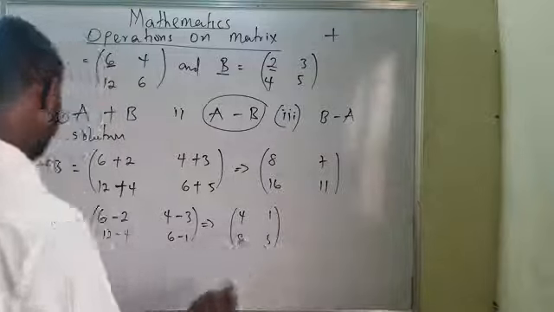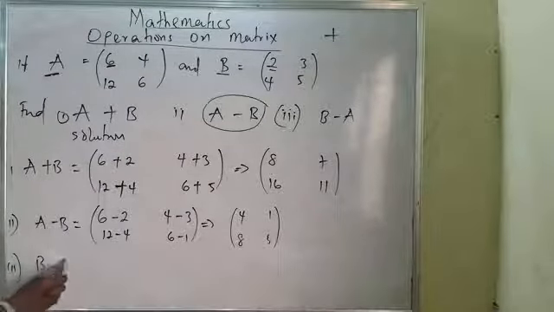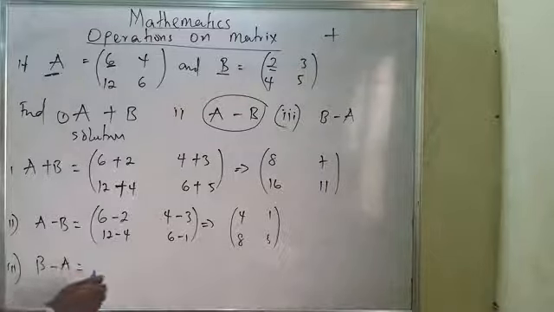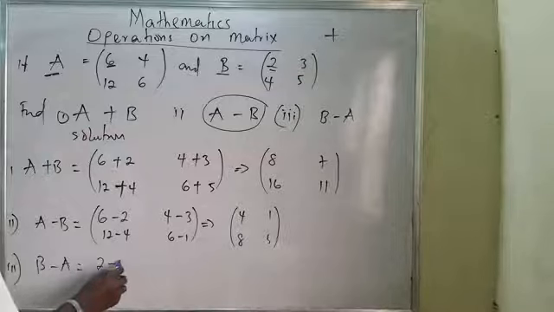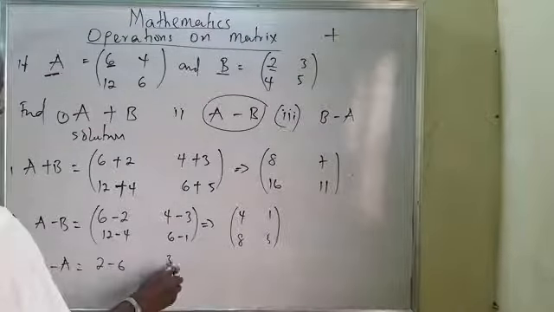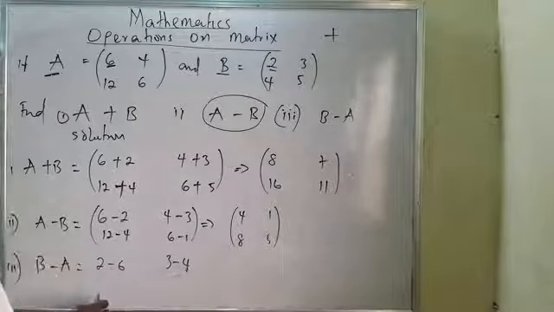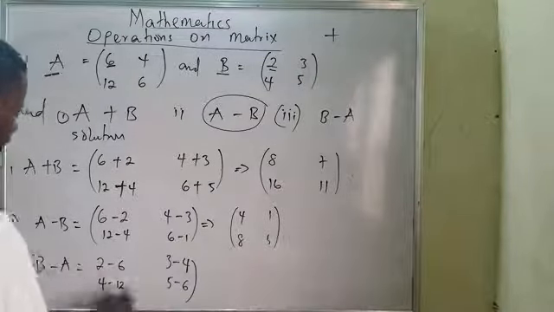That is for that. But in this case, I have B minus A. Can you see? It means B minus A. It will be 2 minus 6, 3 minus 4, 4 minus 12, and 5 minus 6. Can you see the difference between them now?